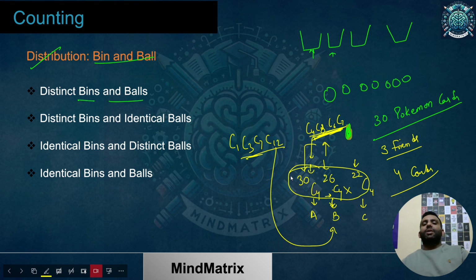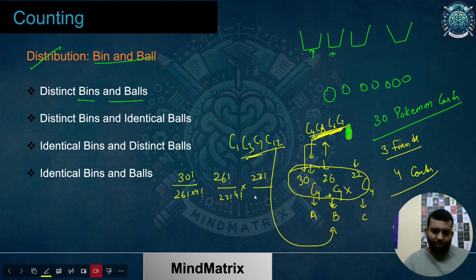And we have 30 cards and we need to distribute 4 cards to each of our 3 friends. So we have 30 factorial. If I just open it up, it would be something like this: 30 factorial upon, what is this? 26 factorial into 4 factorial. The next one would be 26 factorial upon 22 factorial 4 factorial, and then further 22 factorial upon 18 factorial 4 factorial.